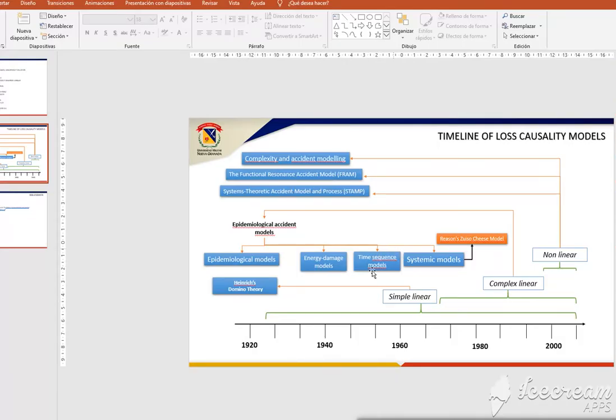In the time sequence models, it takes into account four needs that the dominant theory does not take into account. 1. The need to define the beginning and end of an accident. 2. The need to represent the events that occurred in a sequential timeline. 3.